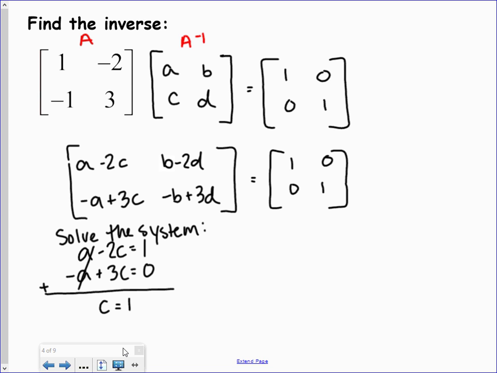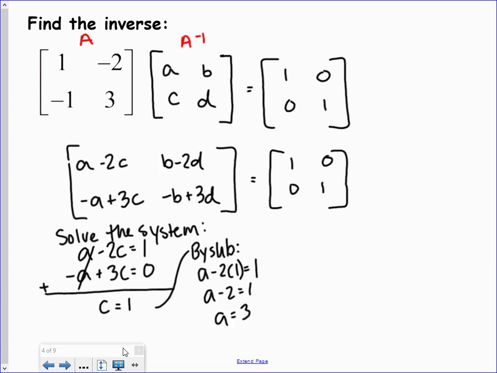And if I know C equals 1, then I can find A. So I'm going to say by substitution, A minus 2 times 1 is equal to 1. A minus 2 equals 1. So A equals 3. So I just found A and C.